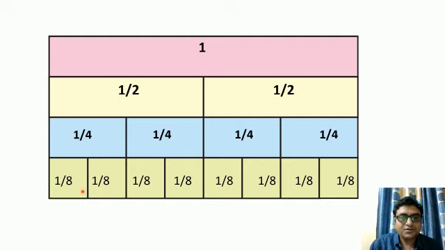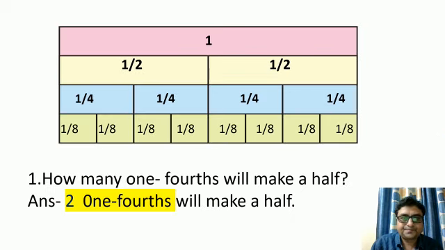This is 1/8, 1/8, 1/8, like that. So in this way we have divided the strip into half, 1/4, and 1/8. Now we will discuss the questions given in the exercise.